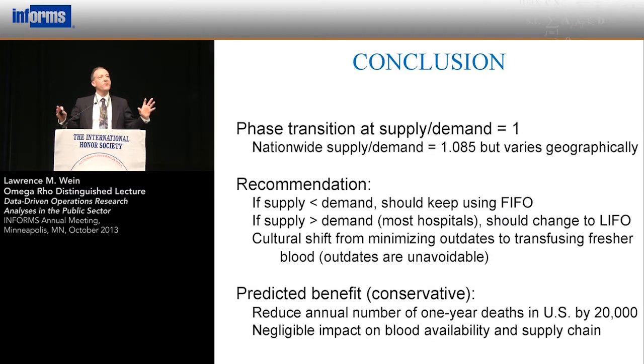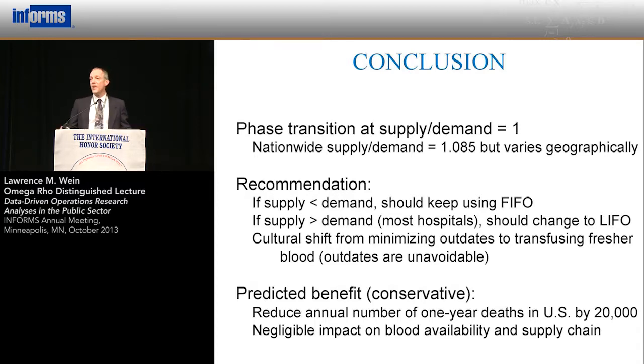The interesting thing from a practical point of view is that the phase transition is exactly where the action is. In New York City, the supply is less than the demand. For our data at Stanford Medical Center, the ratio was 0.99, so it was slightly less. In Minnesota here, I imagine there's excess supply.